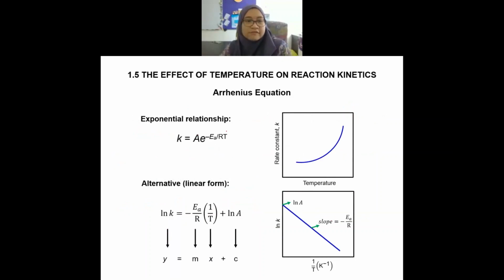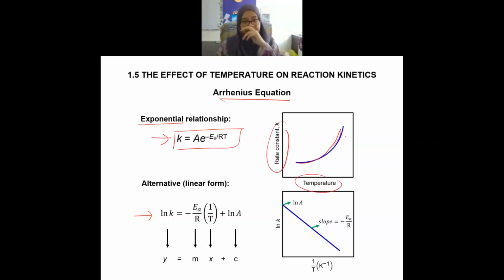Okay, so we have two versions of Arrhenius equation sebenarnya. So we have this one, and the other one is this alternative form of Arrhenius equation. Okay, so this is in terms of exponential relationship. If we were to draw a graph based on this one, we will get a curve dekat situ. Rate constant versus temperature, we will get a curve.